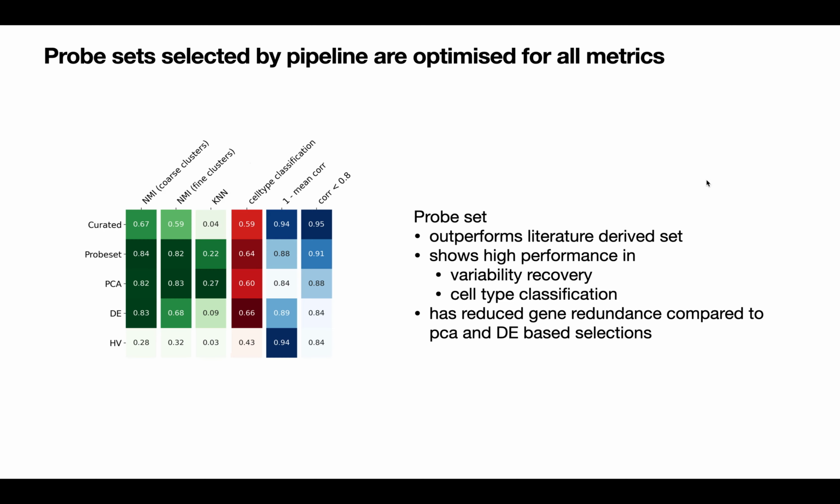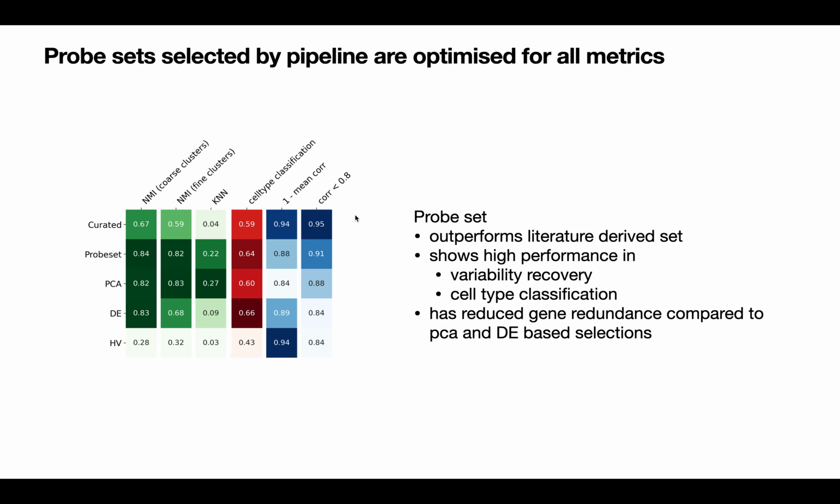Now we compared such a probe set that was selected by our pipeline to a literature-derived set of genes, and also to PCA and differential expression. And what we see is that the probe set really performs very well on the variability recovery and also cell type classification, and has also a lower redundancy compared to the other methods.